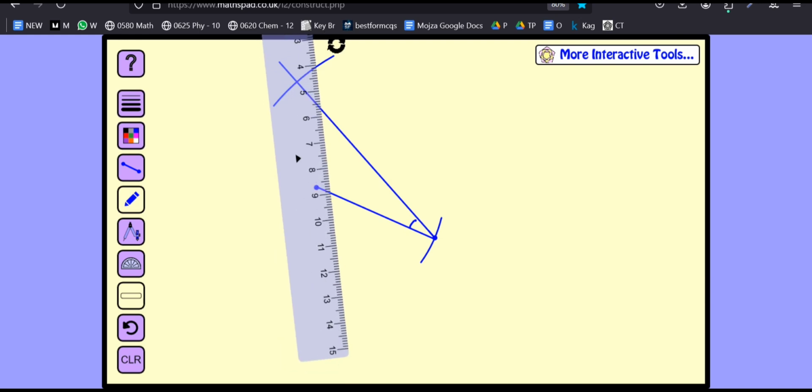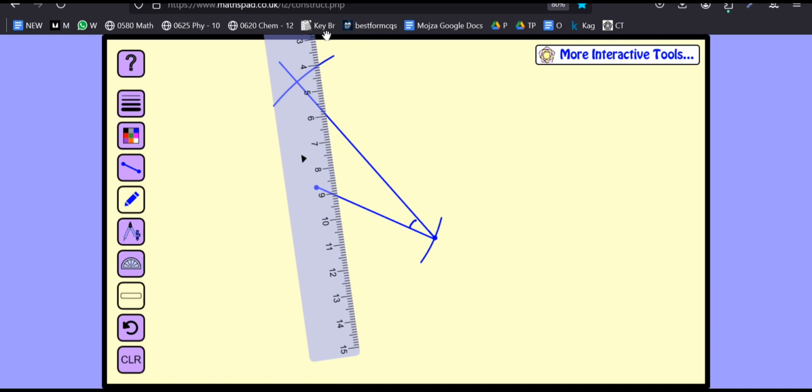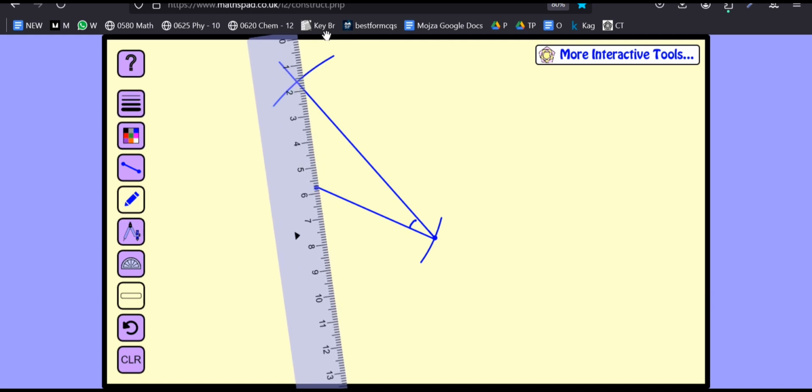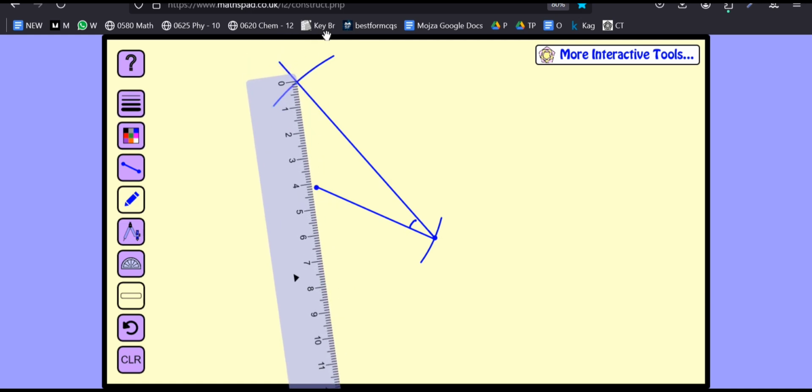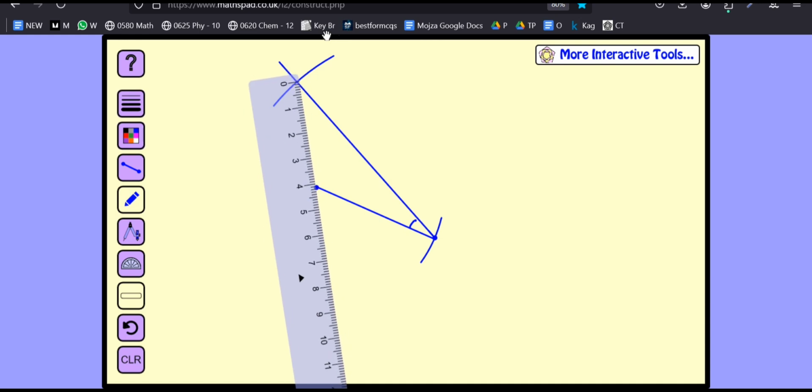We need a shorter scale. This is a very big one. Let's say that this is the point that we were expecting. So you can see now that they are making a 4 centimeter part as well.